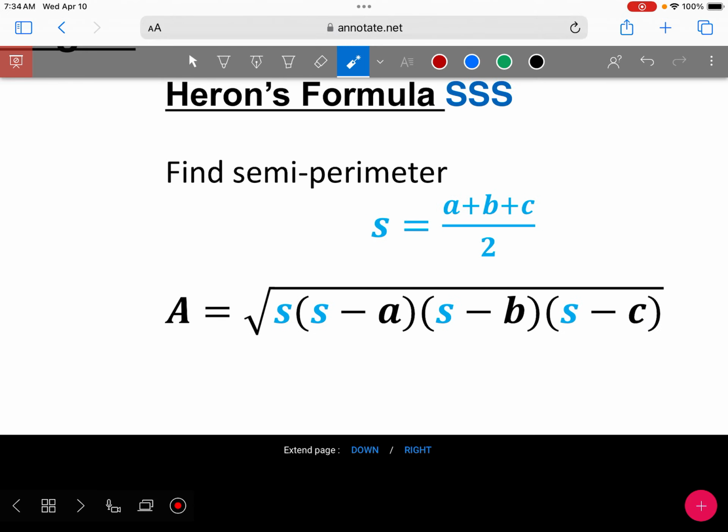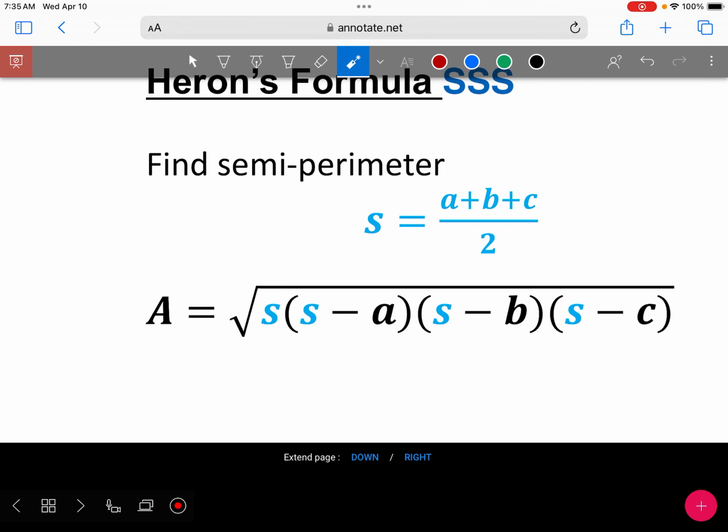And then your last formula is what if you only know the 3 sides? That's called Heron's. If you only know the 3 sides, you don't know any of the angles, the first thing I need to find is what we call the semi-perimeter, which essentially means half of the perimeter.